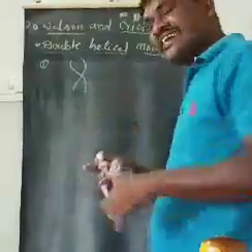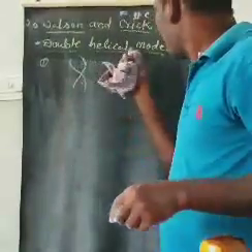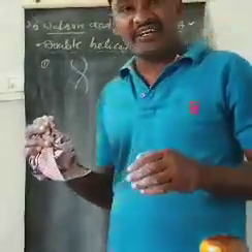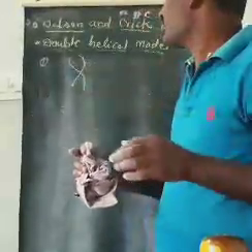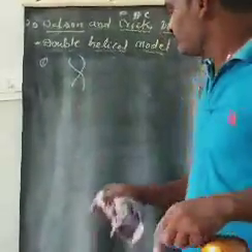That's why Watson and Crick described the double helical structure of the DNA molecule, with the two helices twisted around each other.